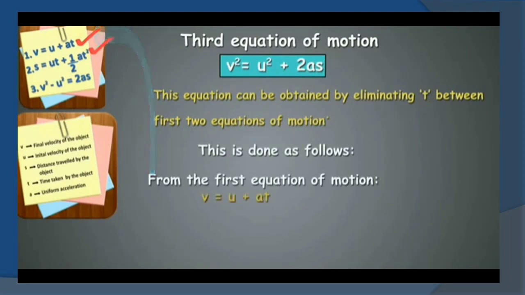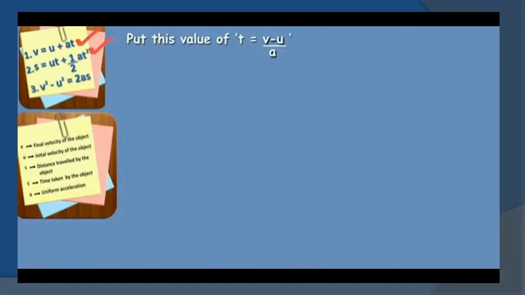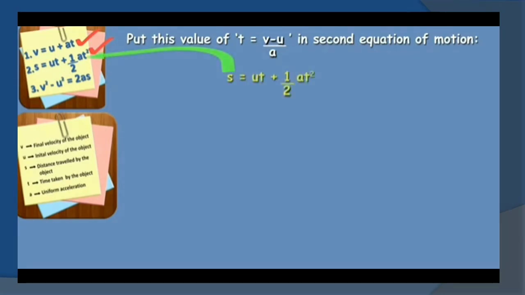From the first equation of motion, v is equal to u plus at, we can change the places and find the value of t. So by putting the value of t, v minus u upon a, in the second equation of motion, s is equal to ut plus half at square. Now we will put the value of t in this equation.